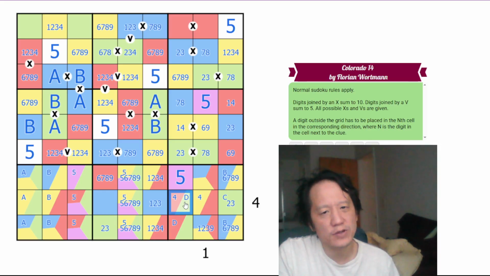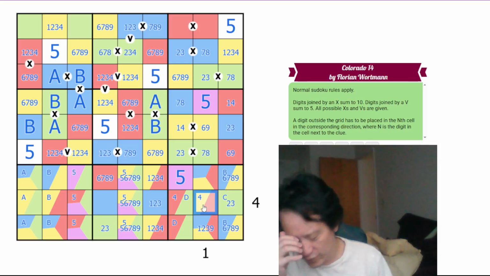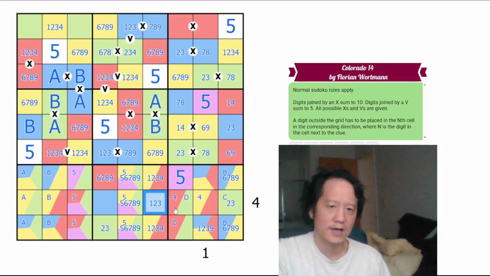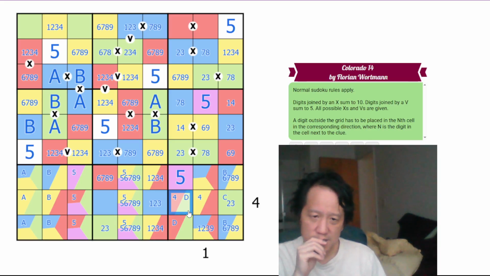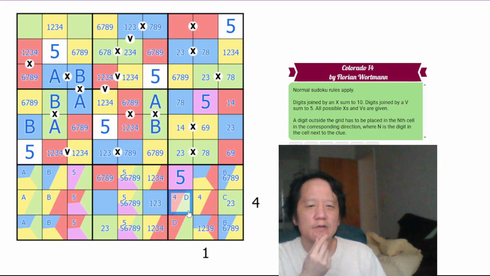Or it could be red if this is the 4. And this is high. How does that work then?